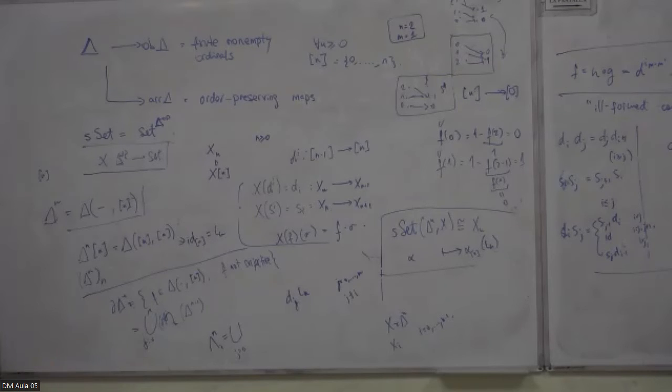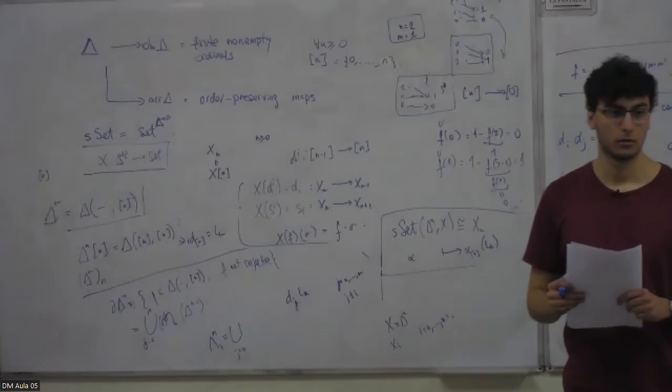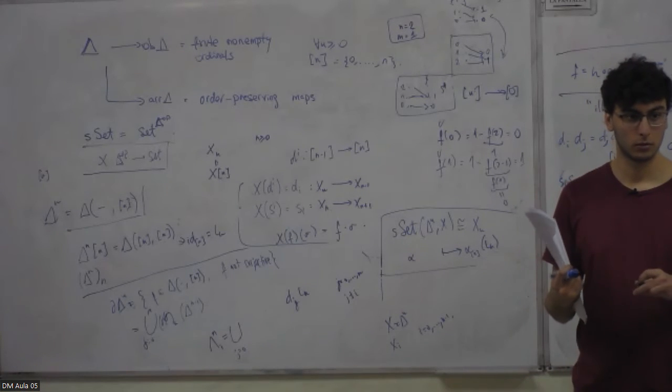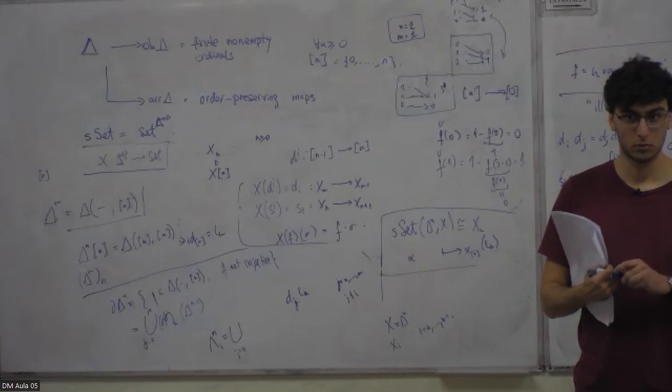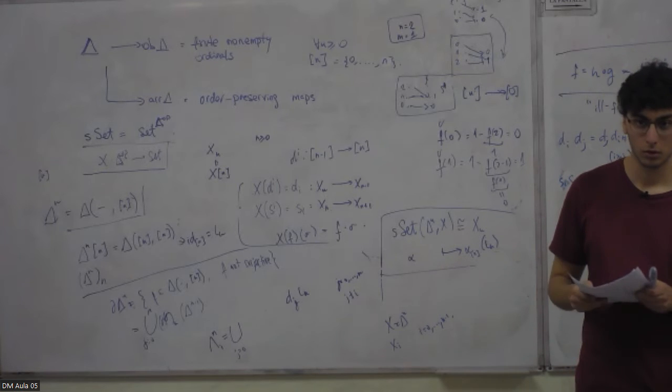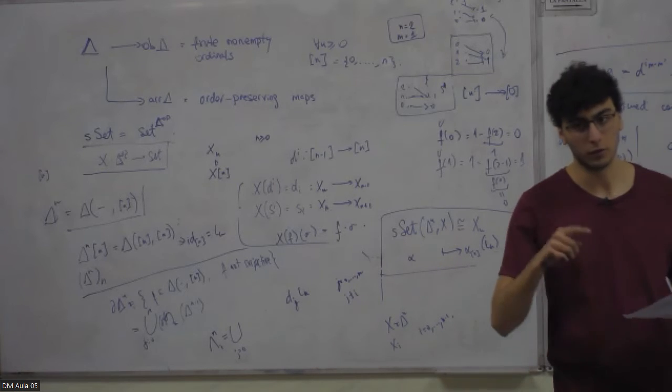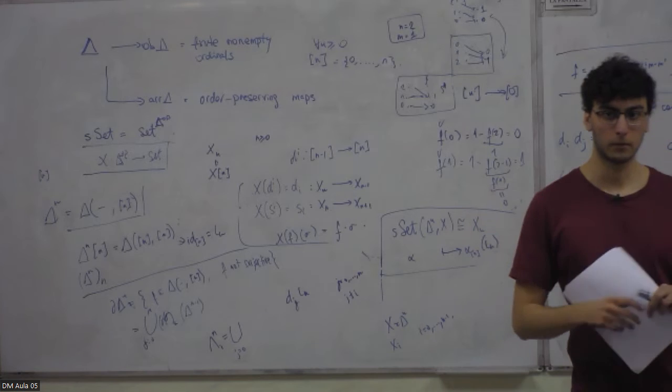So in degree 2, the set is the set of maps in the simplicial category from 2 to 2. Those are the degenerates, whose image is 0 and 1 or 0 and 2. Yeah, 001 or 011.